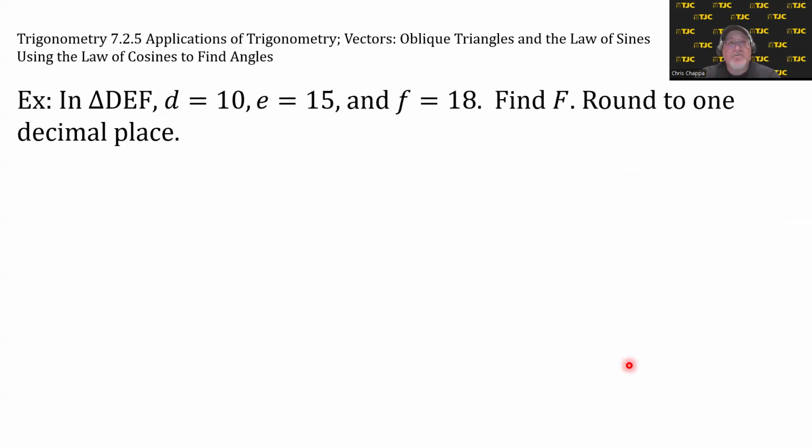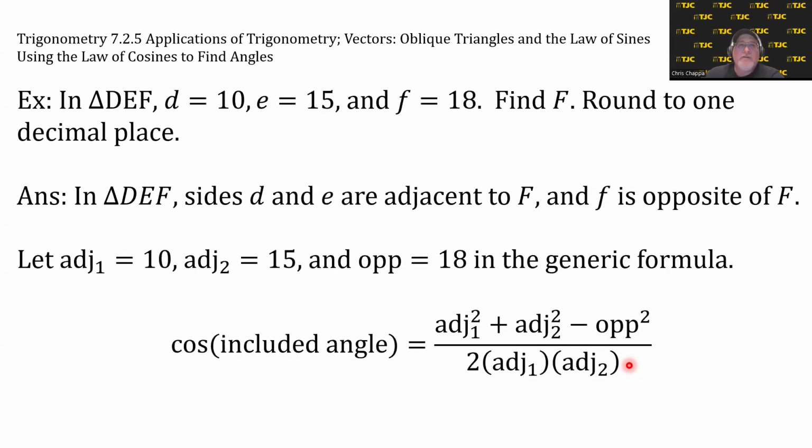For example, in triangle DEF, side D equals 10, side E equals 15, and side F equals 18. Find angle F, round to 1 decimal place. It's worth mentioning that these satisfy the triangle inequality. But in triangle DEF, since sides D and E are adjacent to angle F, and side F is opposite of angle F, we're going to let adjacent 1 be 10, adjacent 2 be 15, and opposite equals 18 in the generic formula below.